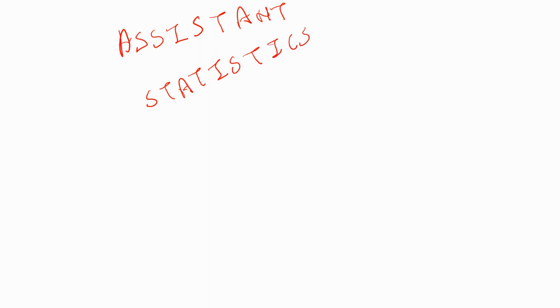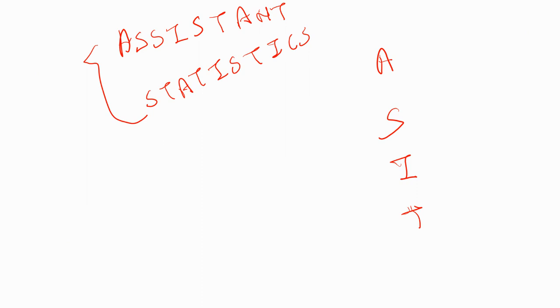Okay. So firstly, we will find the common letters these two words have. So A, S, I, and T. C is not in assistant. So these are the common letters we have.